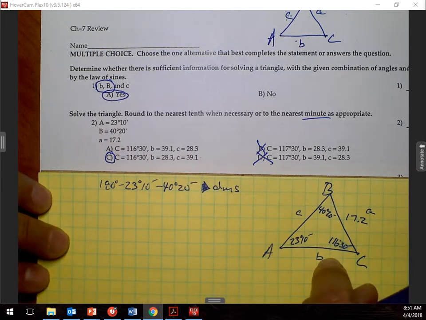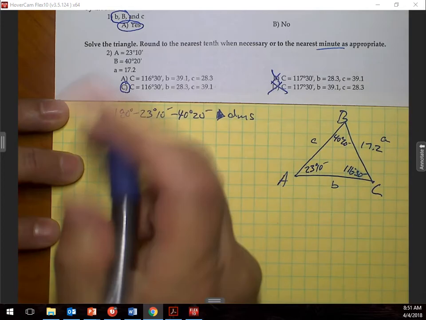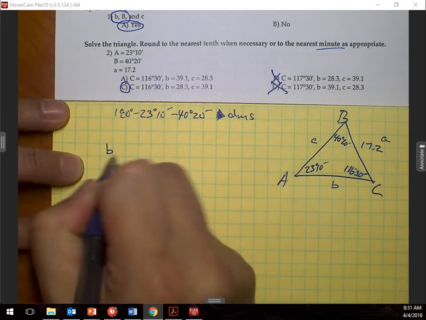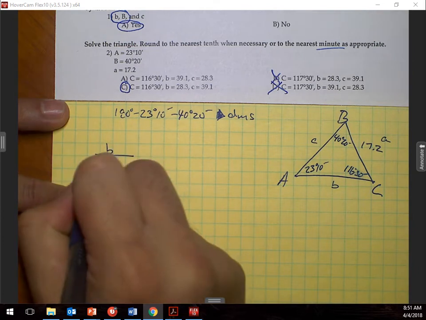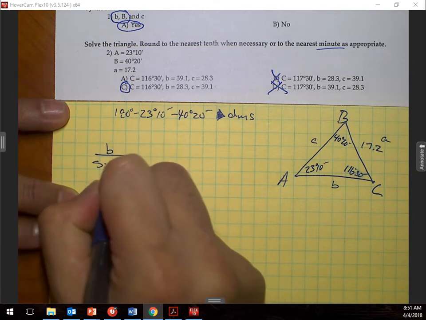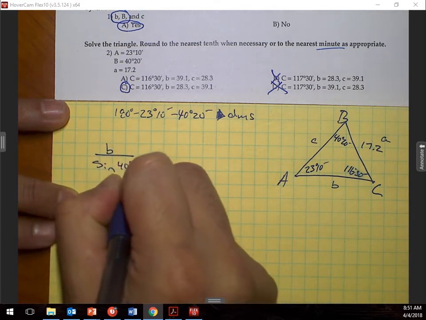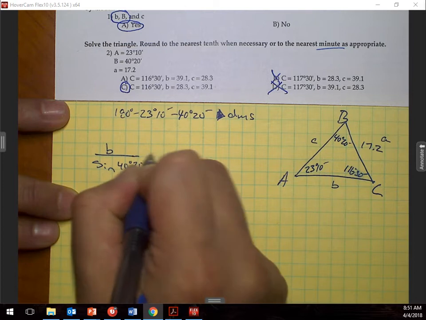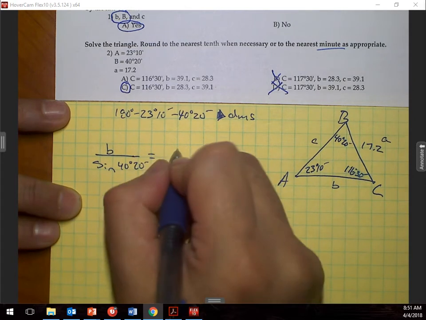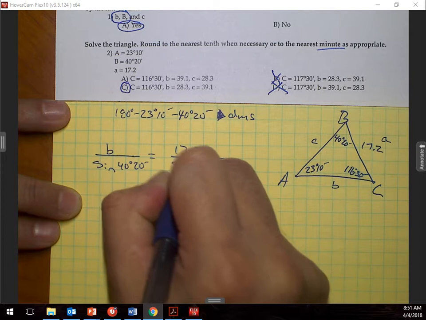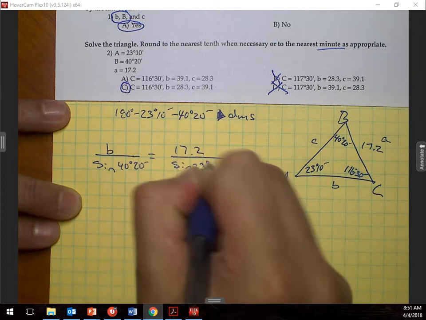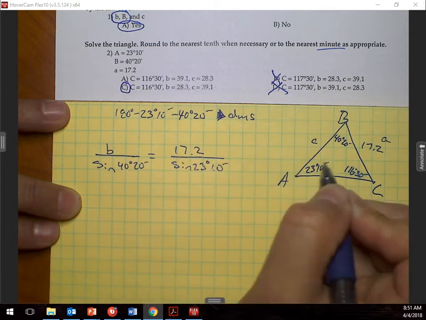So I'm going to solve for little b using law of sine. So little b over sine of 40 degrees, 20 minutes is equal to 17.2 over sine of 23 degrees, 10 minutes.